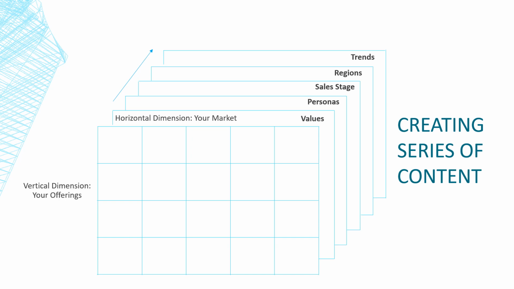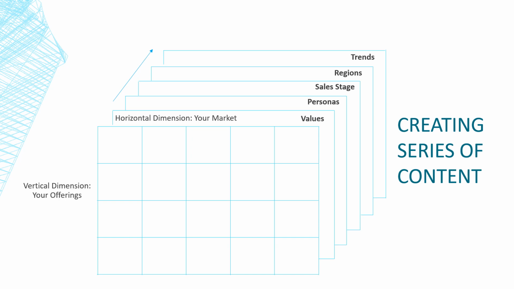To use this grid, though, for content strategy, expand it into multiple dimensions by using depth dimensions to add context and relevance to your content. And here you can see those as things like corporate values, target personas, stages in the sales funnel, regions, or industry trends.